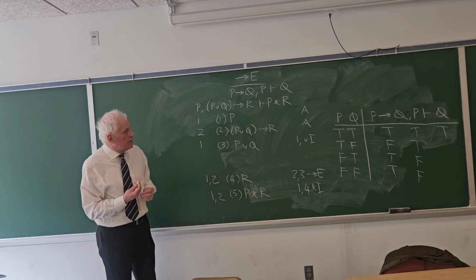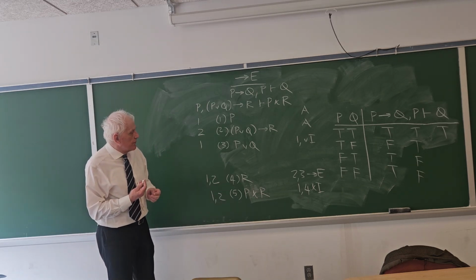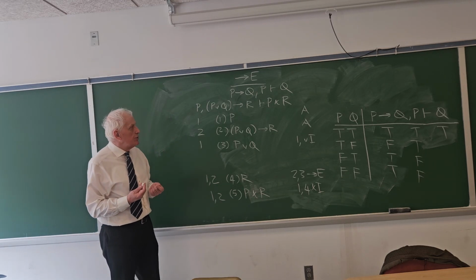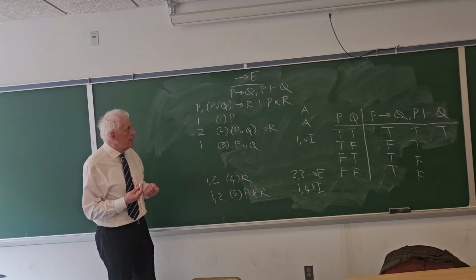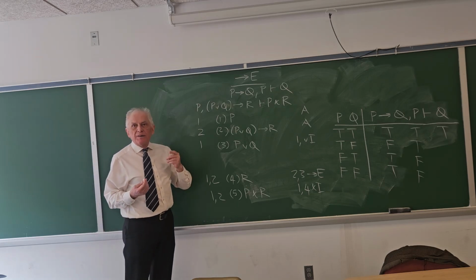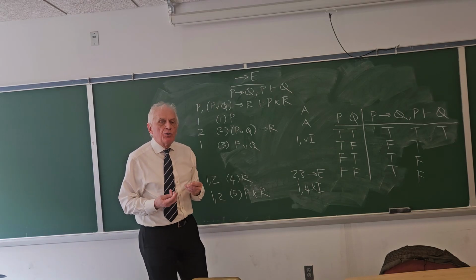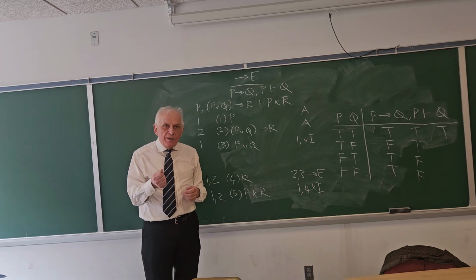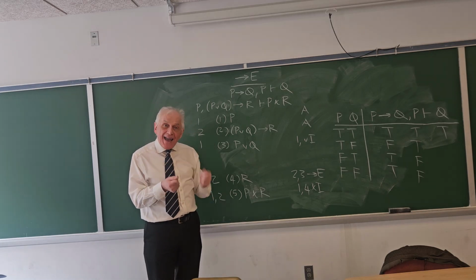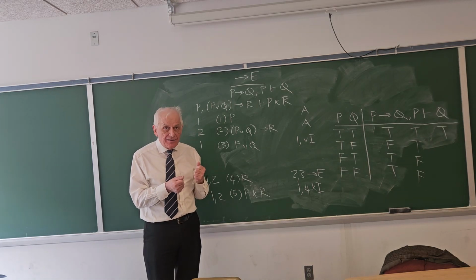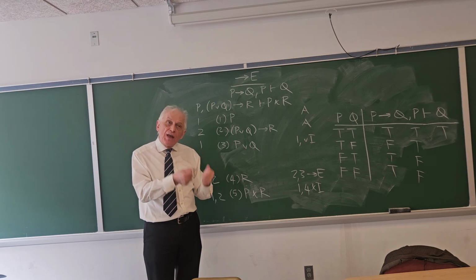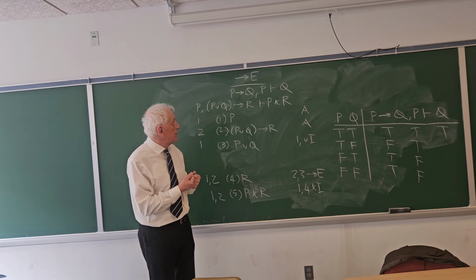And then the 2-line rule ampersand introduction, and we prove our conclusion. So arrow elimination is the rule that allows us, when we have a conditional and we have its antecedent, to prove its consequent.